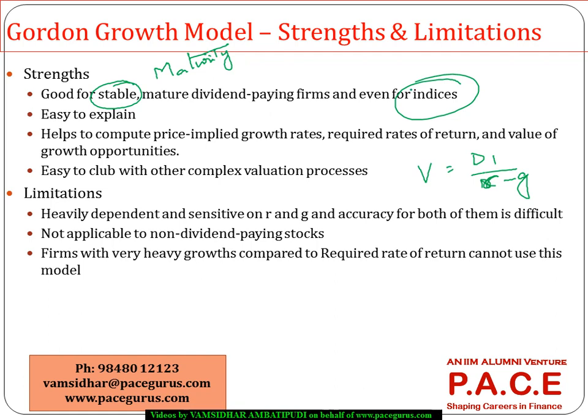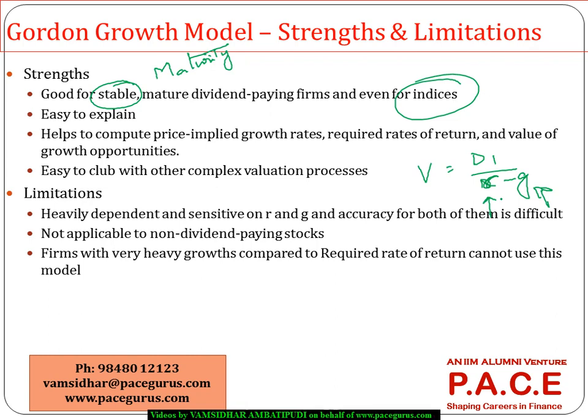So it can help me either in computing the required rate of return or the constant growth rate, or what should be the dividend. All these kinds of things can easily be computed once we have this particular formula in place. But of course here we have to be careful that the whole formula is heavily dependent on R and G.